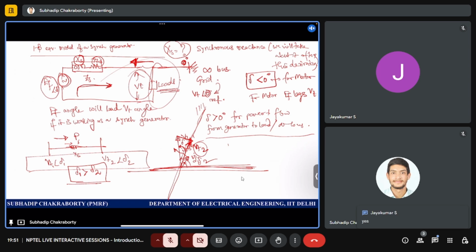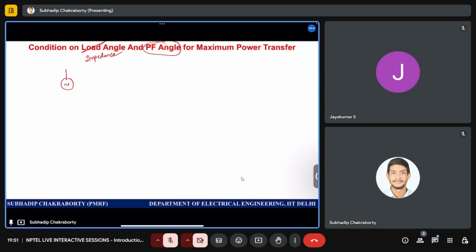Okay, so now let us derive. There are some technical notations. I told you we'll discuss about the excess later. Just for the time being, for simplification, this is the single phase equivalent circuit. Just be with me, okay?